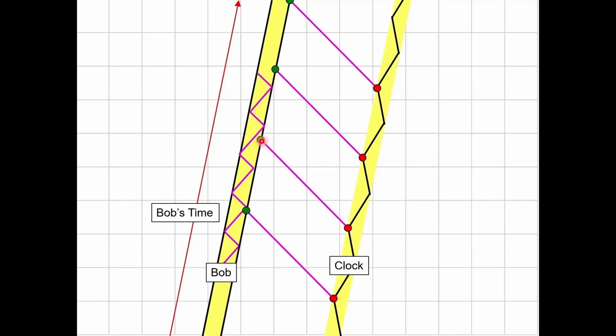So for example, between this green point and this green point, which we can identify on our world line, because we get the same information from our clock at these points, we can define the difference between them as being 1 second.